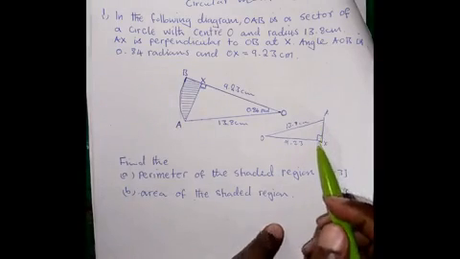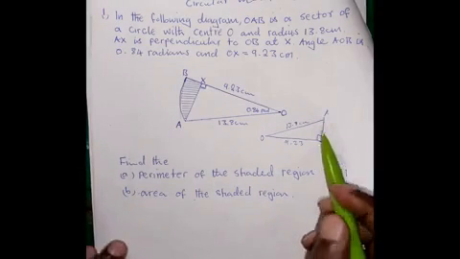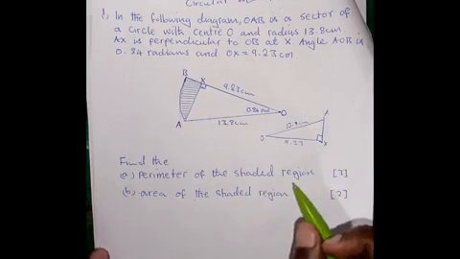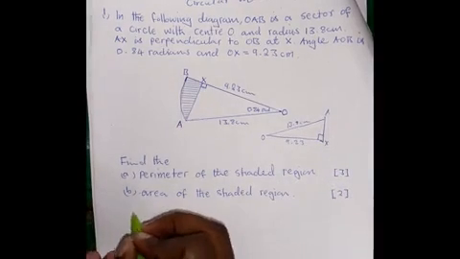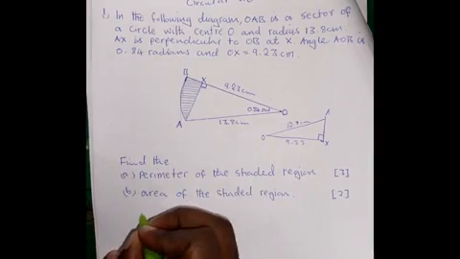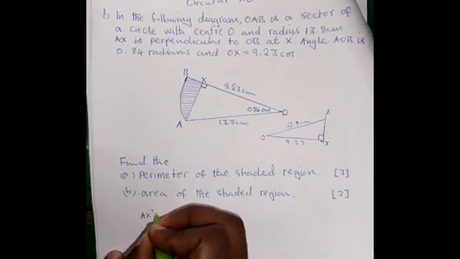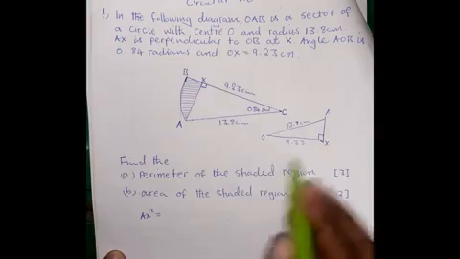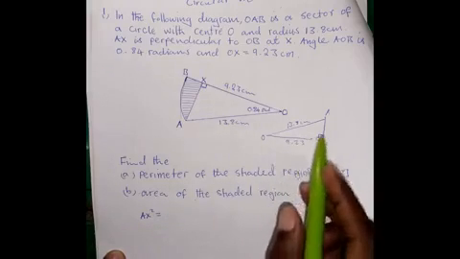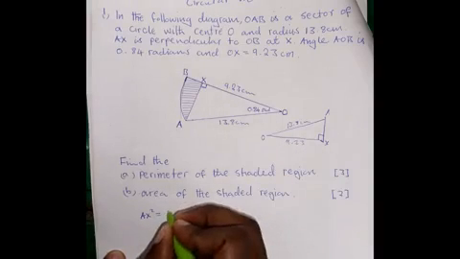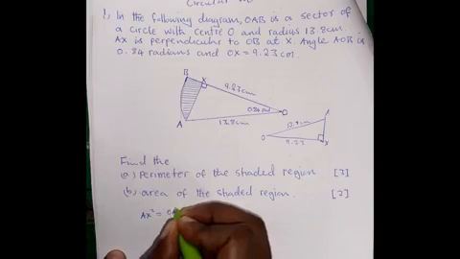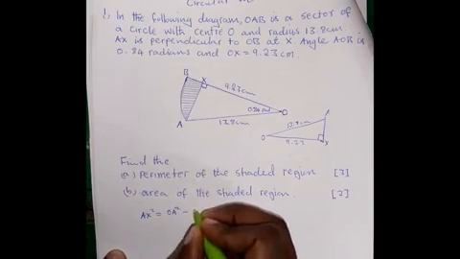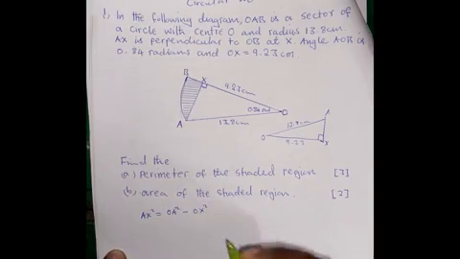To answer AX, we use the Pythagoras theorem. AX squared will be OA squared minus OX squared.